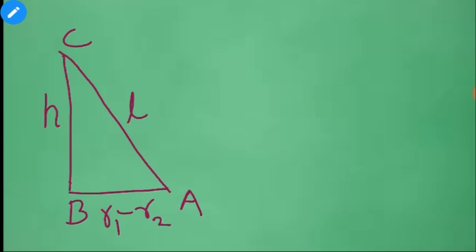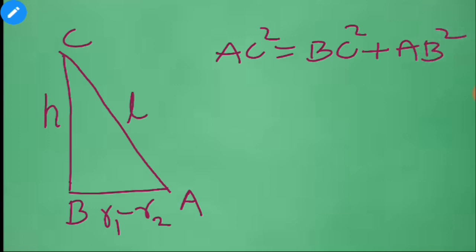By Pythagoras theorem we have AC square equals BC square plus AB square. AC is L. So L square equals H square plus (R1 minus R2) whole square.